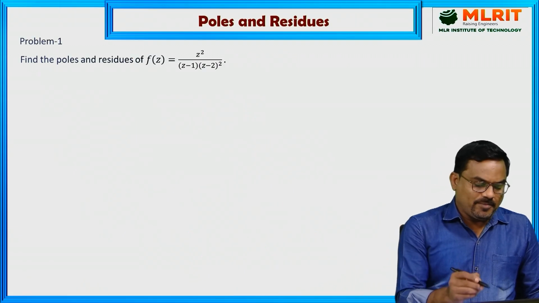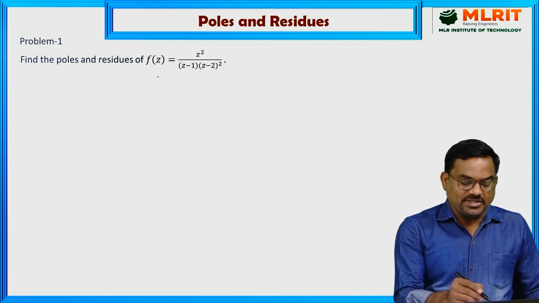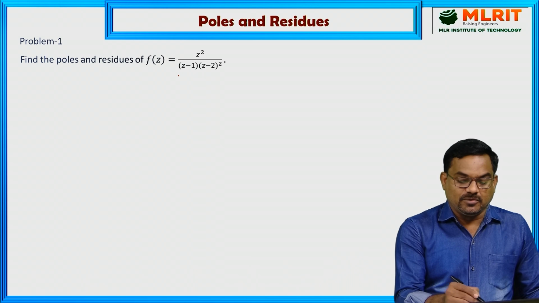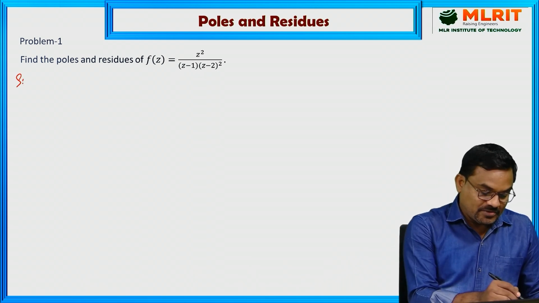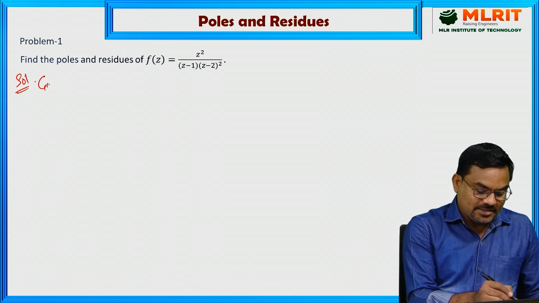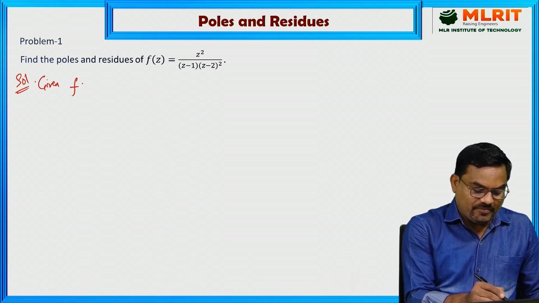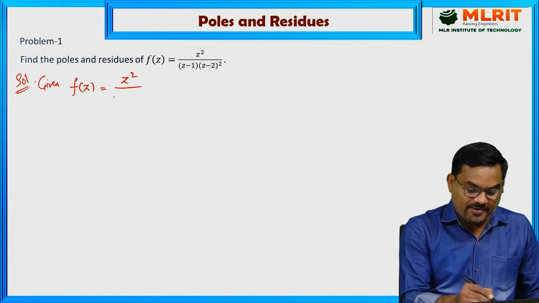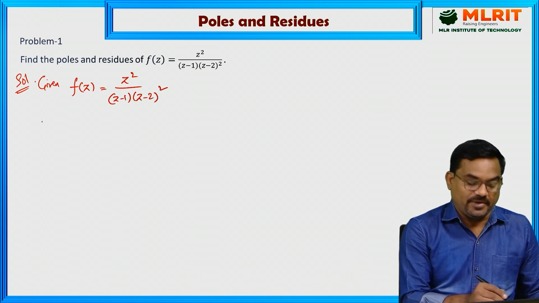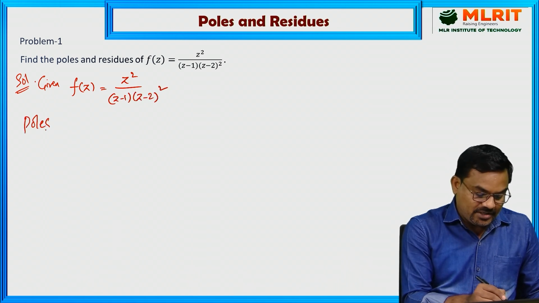Now, problem number 1. Find the poles and residues of f of z equal to z square by (z minus 1) into (z minus 2) whole square. Coming to the solution part, the given function of complex variable is z square by (z minus 1) into (z minus 2) whole square. Now, first we need to find the poles.